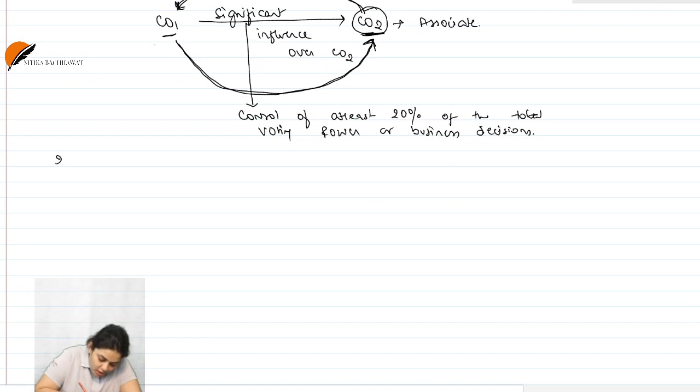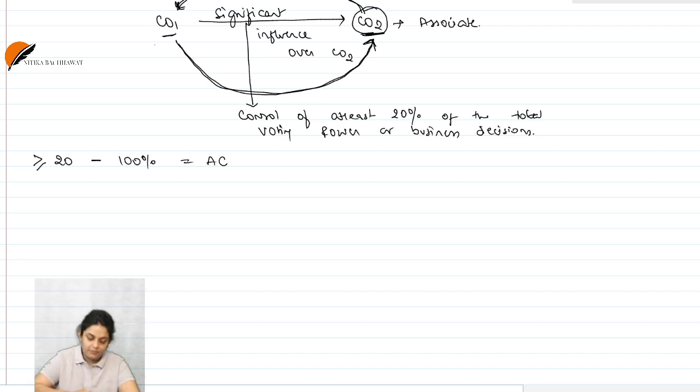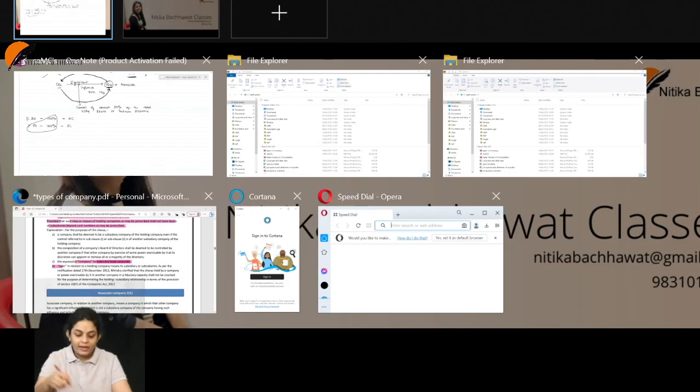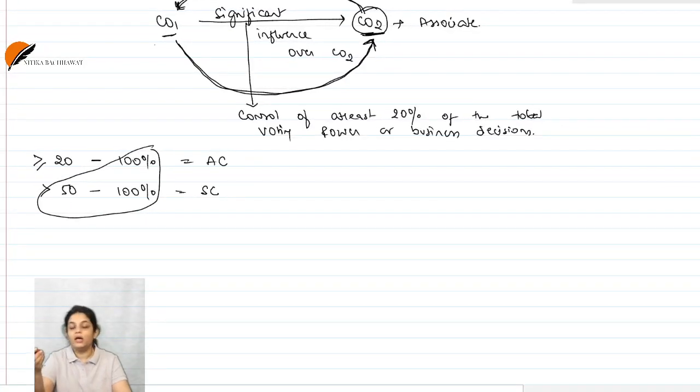If this was not given, from 20% to 100%, you would be what? Associate company. From more than 50% to 100%, you would be what? Subsidiary. Now this is overlapping. Some laws may apply to holding but not to subsidiary, some may apply to associate, not to subsidiary.